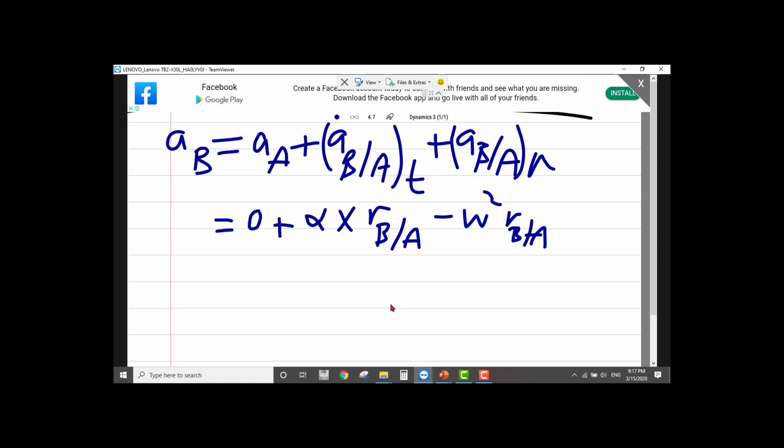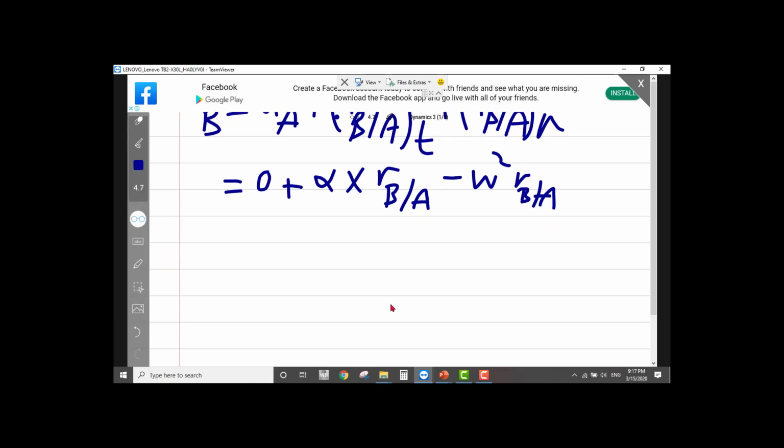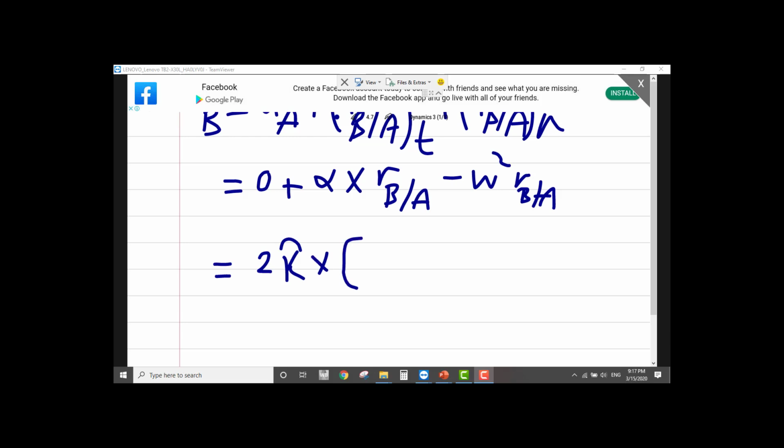Okay. Alpha rotates counterclockwise and its magnitude is 2, so this is 2 in the positive k direction cross product RB with respect to A, same as we did earlier with the velocity, which is 7 inches in the positive j direction, minus omega, equal to 3, squared, times 7j.